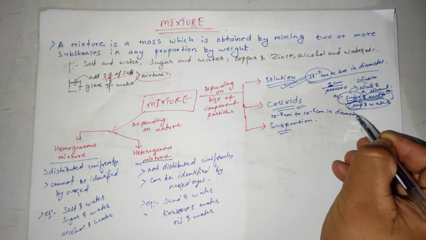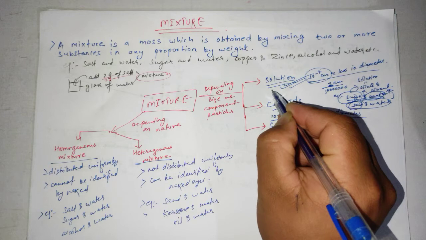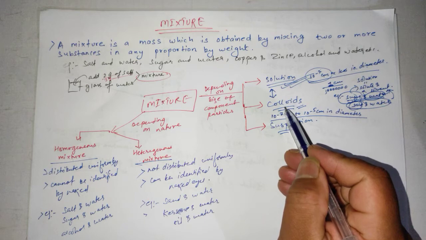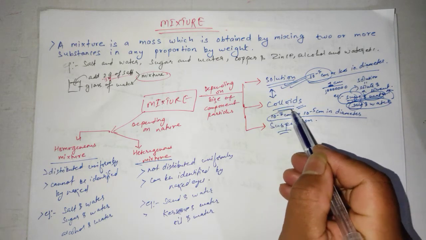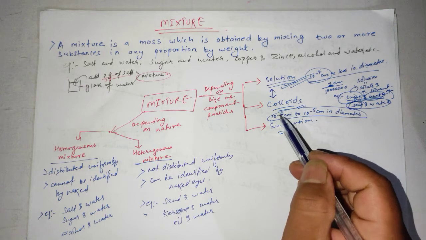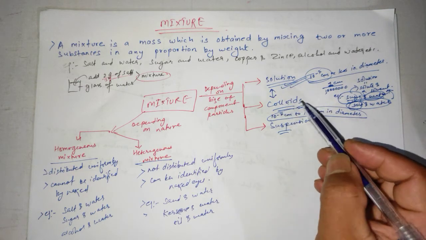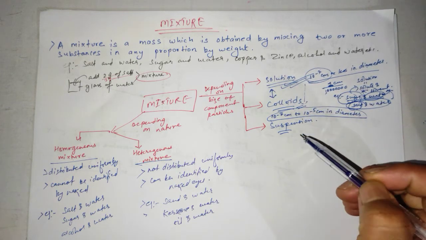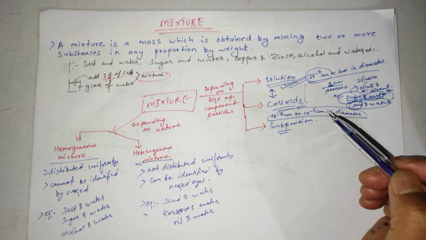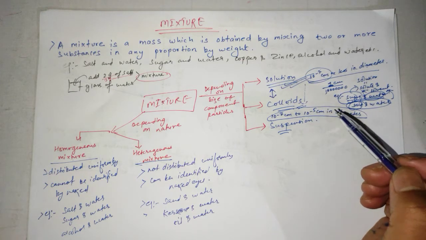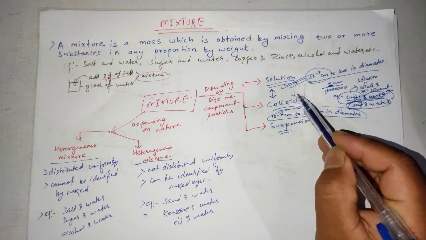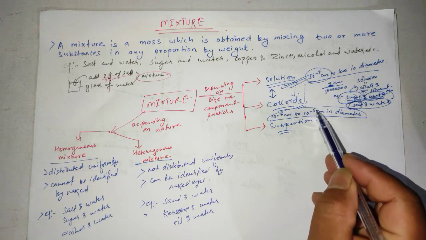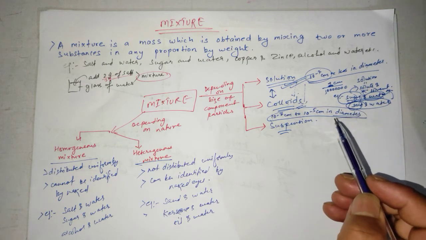It means in comparison to the solution, the particles which are mixed in the mixture are bigger in colloids. What is the difference between solution and colloid? The solute particles mixed in a colloid are a bit bigger than in a solution. Bigger does not mean visible to our eyes, we still cannot see them, but they are bigger than in a solution, with a diameter of 10 to the power minus 7 centimeter to 10 to the power minus 5 centimeter.